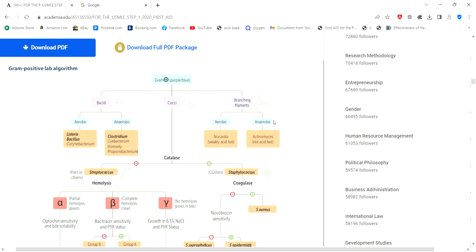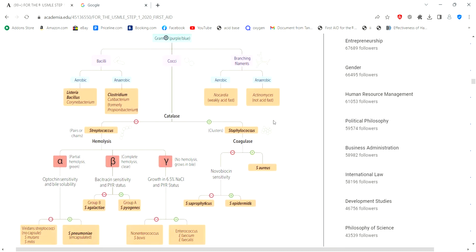Streptococcus is always going to be catalase negative, and under Streptococcus, that's the only time we're talking about alpha, beta, gamma hemolysis. Now we're going to go over to catalase positive, and this is Staphylococcus. It looks like grapes. It's referred to as clusters, so it looks just like millions of little grapes.